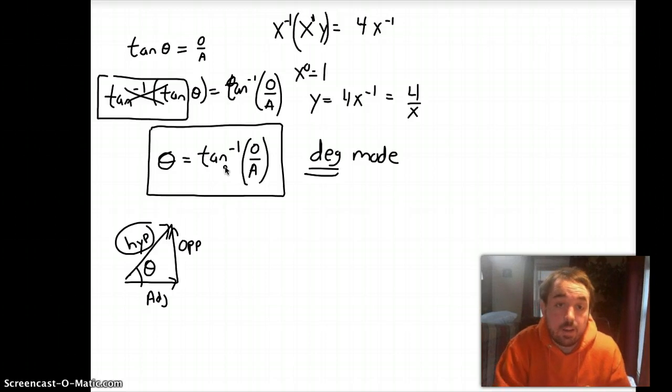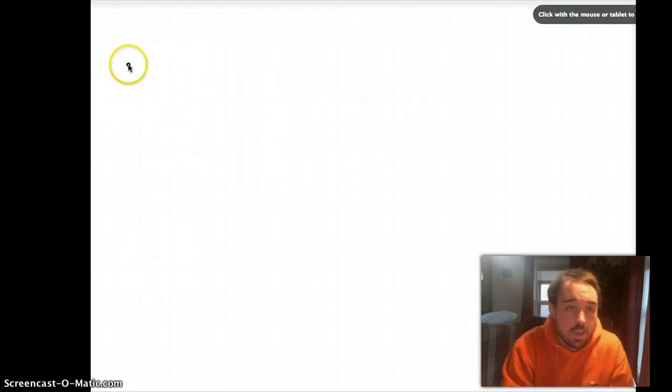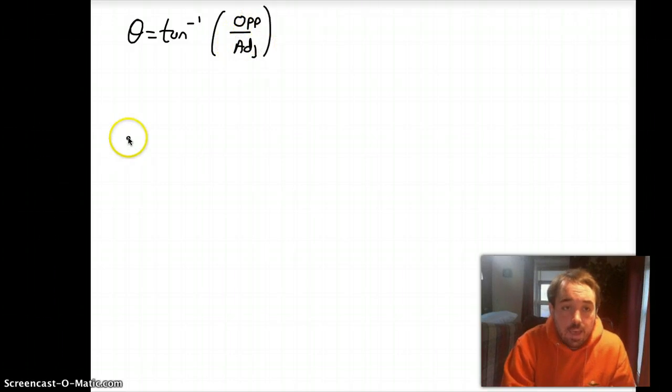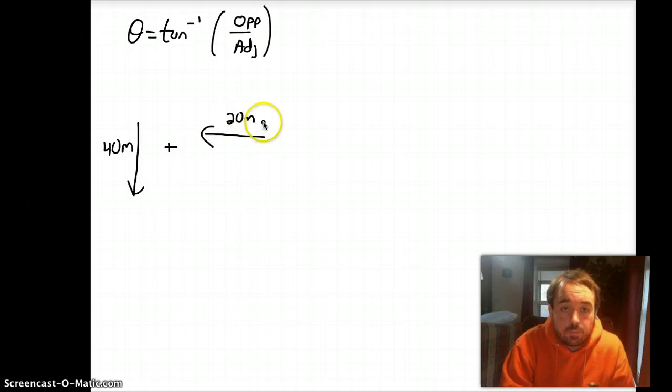You should have your calculator out. Let's do an example to see if we can get the correct final resultant vector. Remember that theta is inverse tan of opposite over adjacent. So let's add vector A, which has a length of 40 meters, plus vector B, which has a length of 20 meters.